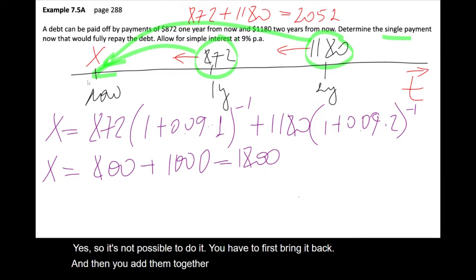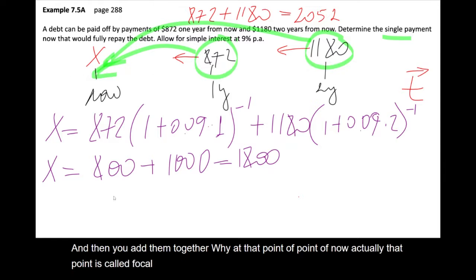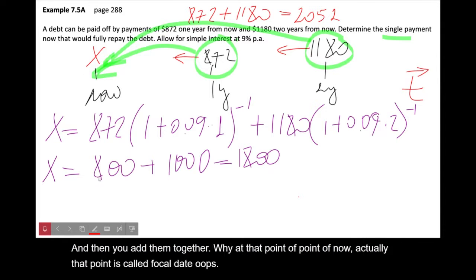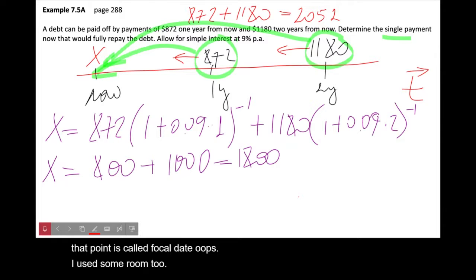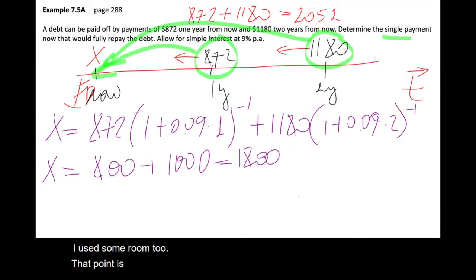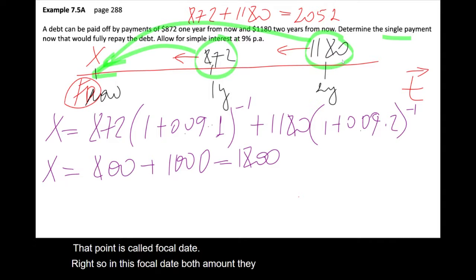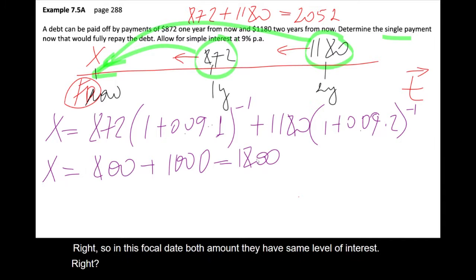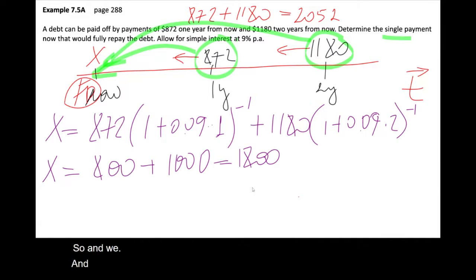Because at that point of now, which is called the focal date, both amounts have the same level of interest, and we add them together and calculate the payment this way.